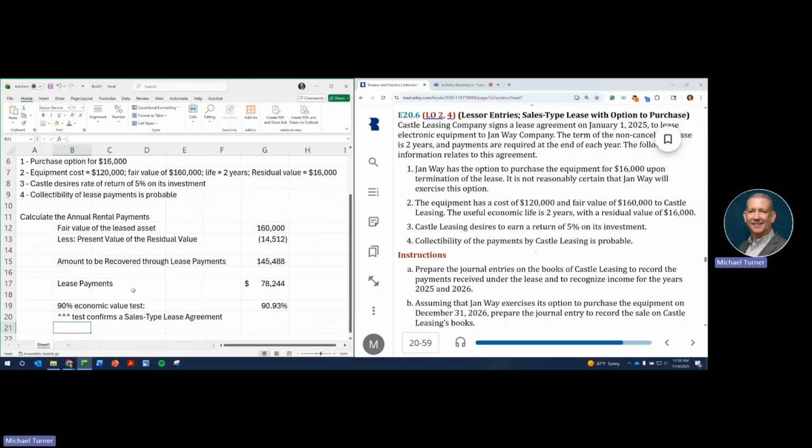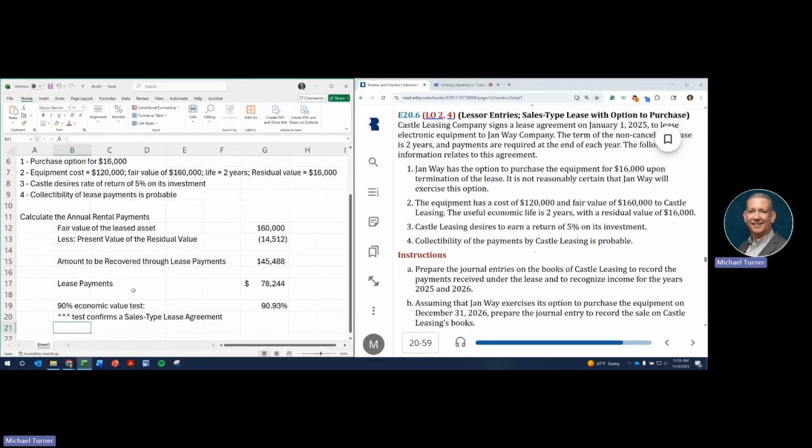I'm assuming it does not, since there's no mention of that in the problem. It's not a bargain purchase option. However, the economic test of 90% is met, and the useful life test of 2 years over a 2-year lease also meets the requirements for a sales type lease. So now we know what kind of lease we have.